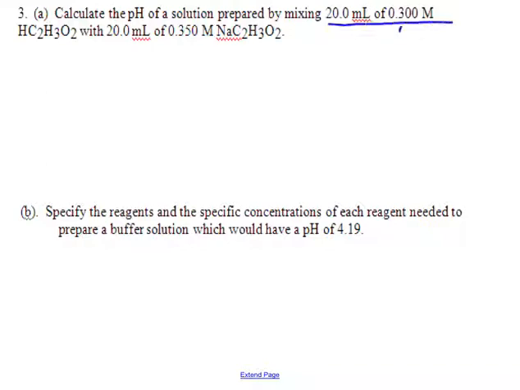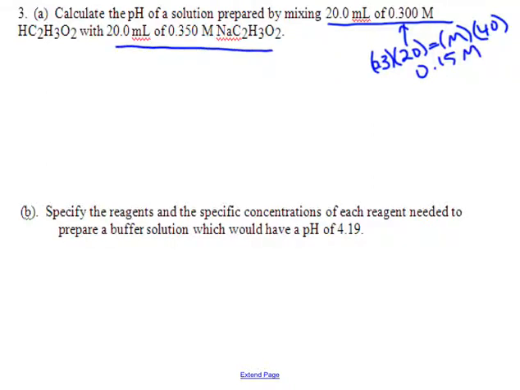The acetic acid, we originally have a 0.3 molar, 20 mL of it. What would be the new molarity when our total volume is what? What's our total volume after we mix? 40. So luckily it's in half, so it's 0.15 molar. All right, and then the sodium acetate, we originally had a 0.350 molar solution at 20 mL.